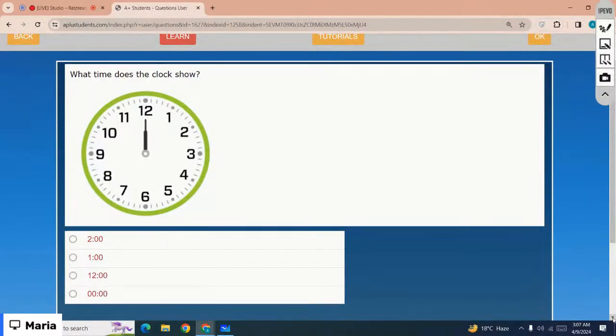The correct option is 12 o'clock. Both hour and minute hand point to 12, so that is 12.